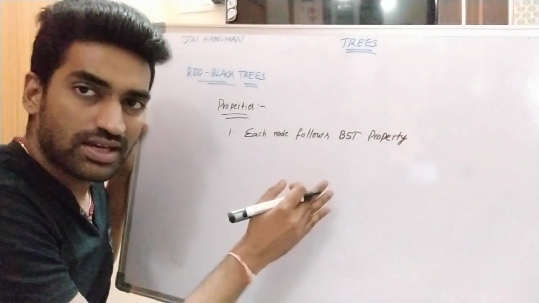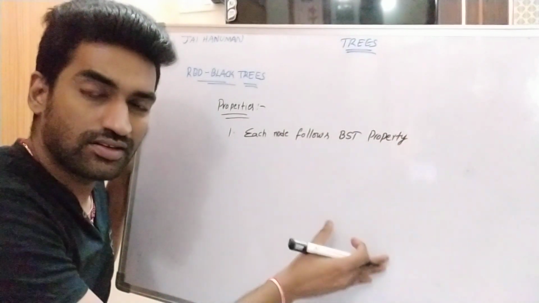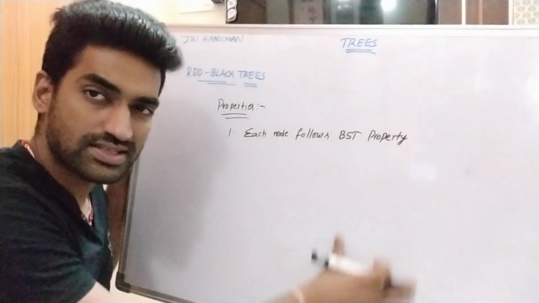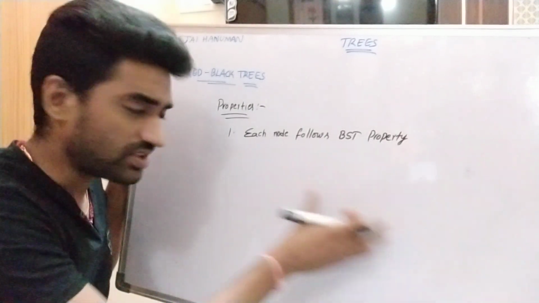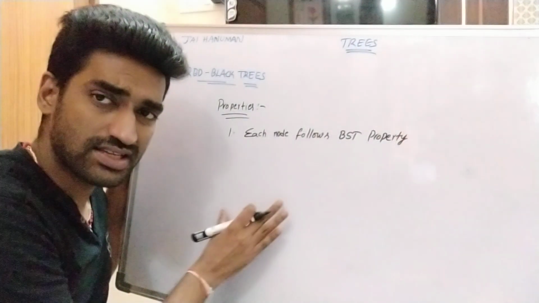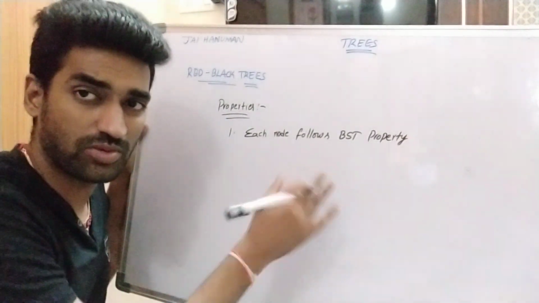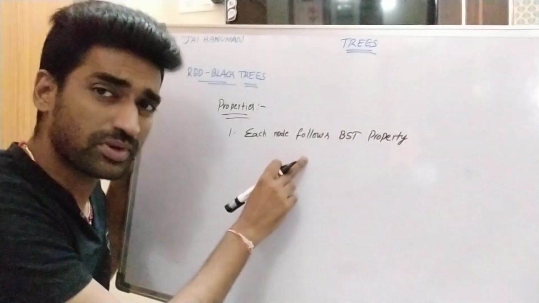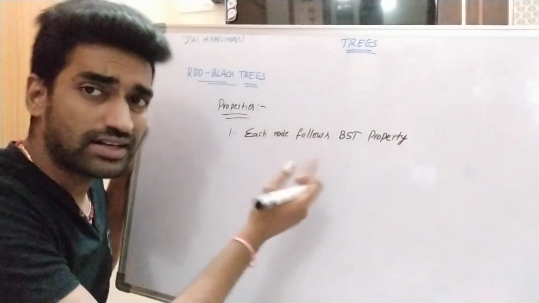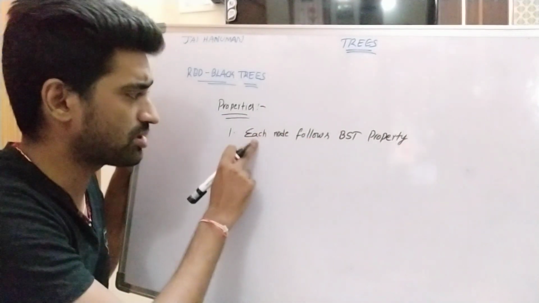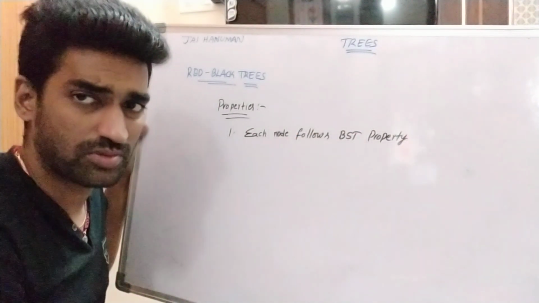All the elements greater than the root are presented in the right subtree. All the elements less than the root are presented in the left subtree. That property is also followed by red-black trees. So that is the first property: each node follows the BST property.